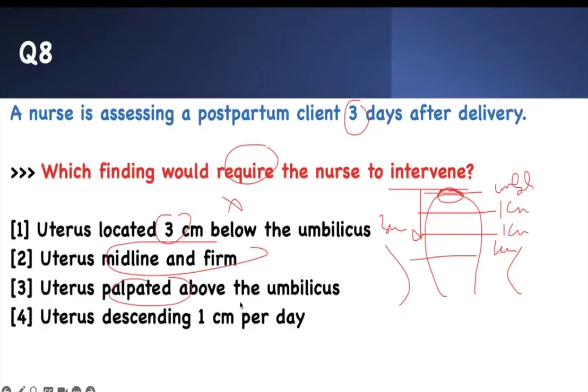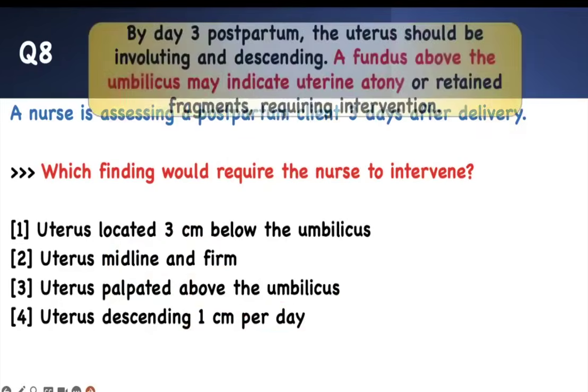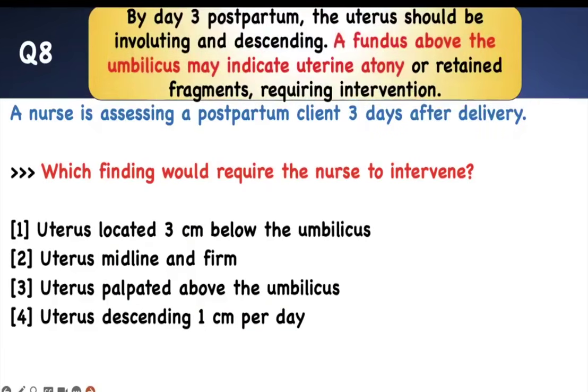Uterus is palpated above the umbilicus. At 3 days, you stay boggy. If you're above the umbilicus, you're going to bleed. Uterus descends 1 centimeter per day. That is the requirement. Therefore, which one requires intervention? What do you think? Number 3. You see the strategy. That's the concept I'm using to answer the question.